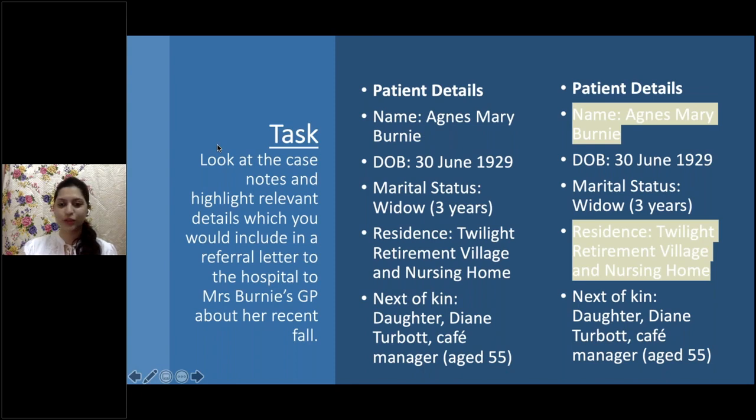To the person who said name, DOB, and residence, yes, you've got it right. I'm sorry, I haven't been able to highlight the date of birth, but yes. So you need to include the name, the date of birth, and the residence. DOB usually comes in the reference, so you don't have to write it again.